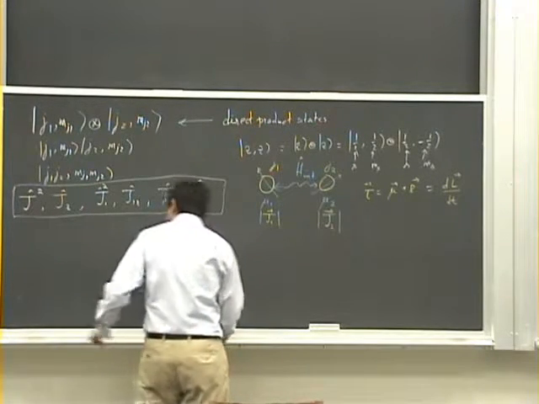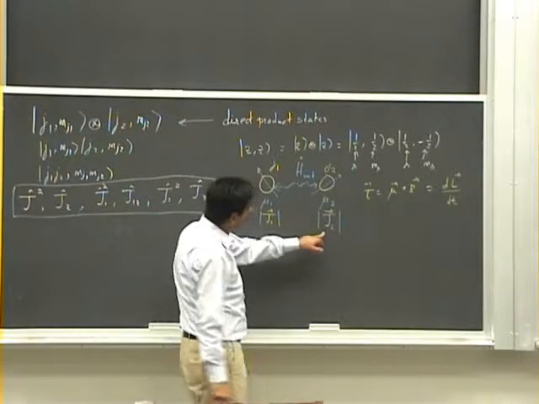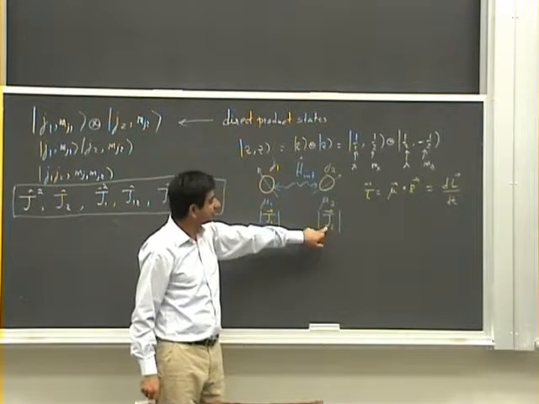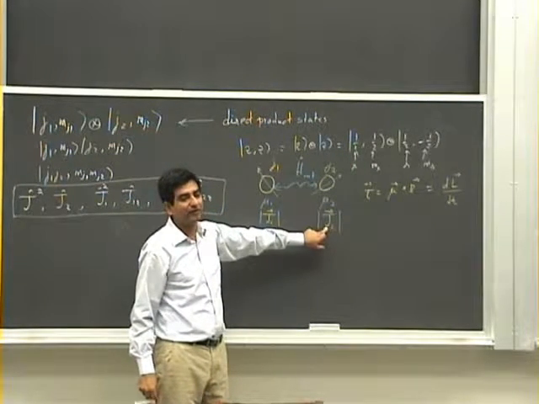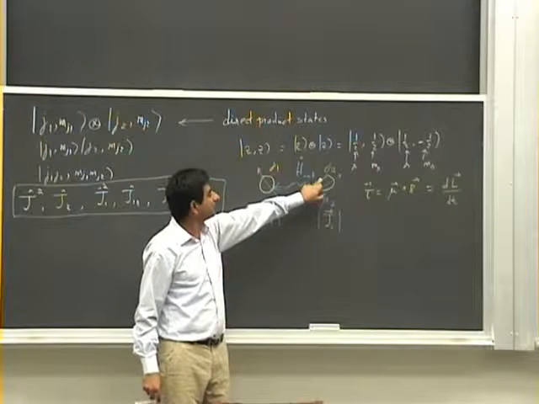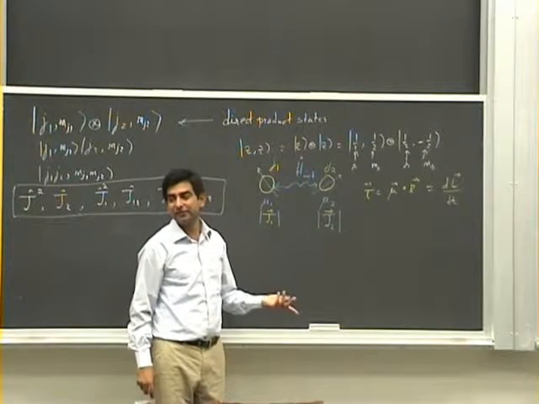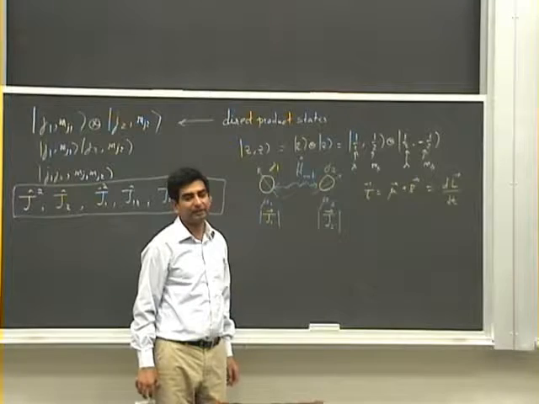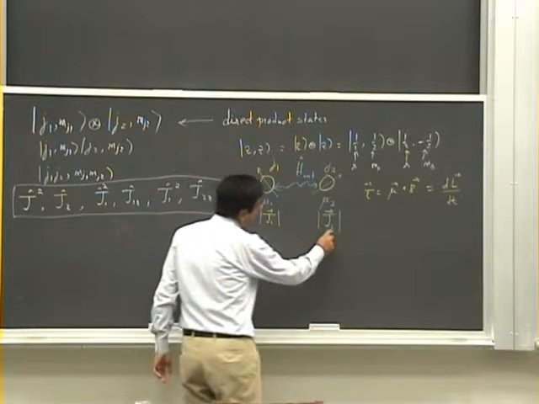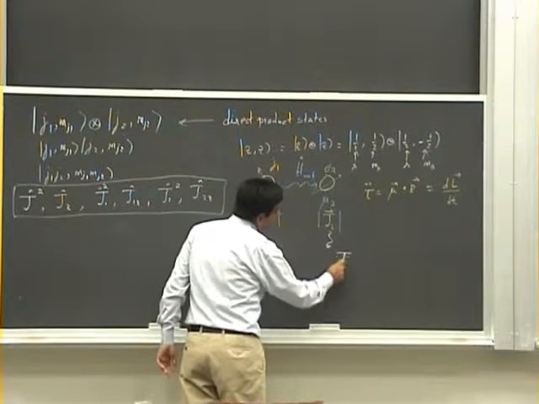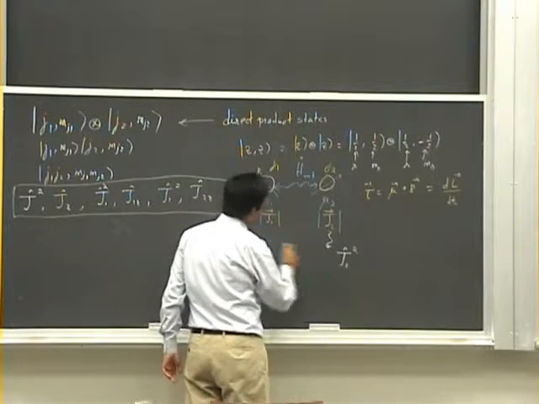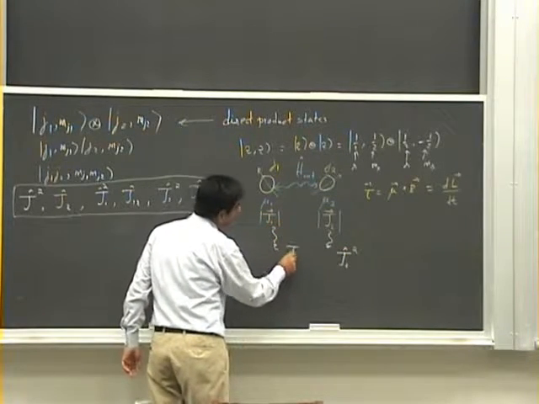Which means that the observable associated with the magnitude of the angular momentum of the second particle is a conserved operator. The observable is really J2 hat squared, and this observable is J1 hat squared.